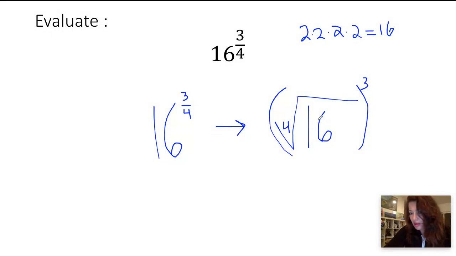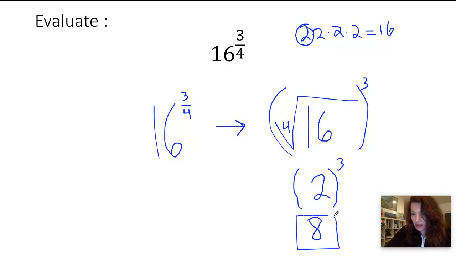So the fourth root of 16 is 2. So I'm going to replace this by 2, and then I'm going to cube it. What is 2 cubed? Well, it is just 2 times 2 times 2, which is 8. So evaluating 16 to the 3/4, that is 8.